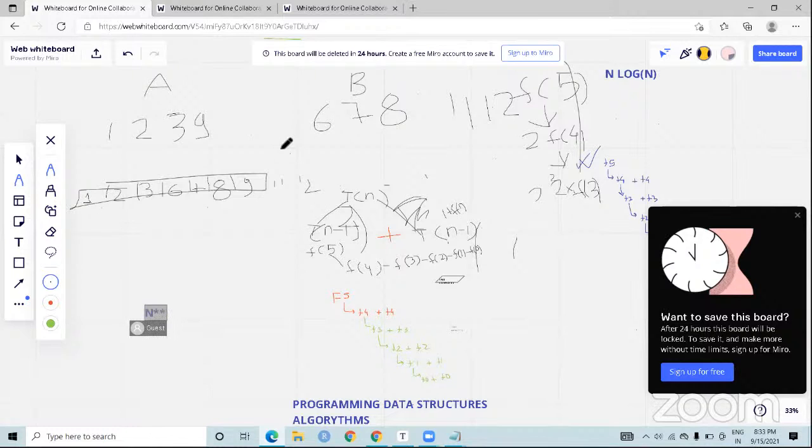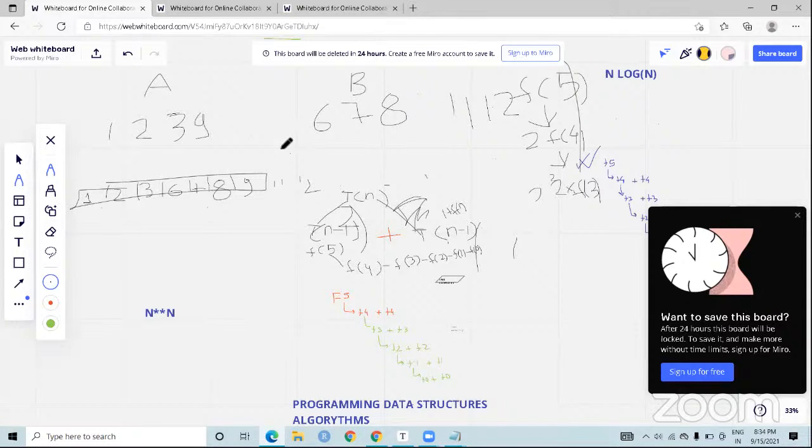Suppose g(n), big O of g(n), and f(n) is any kind of function. So f(n) is equal to big O of g(n) if we can choose some c such that f(n) is less than or equal to c times g(n), for n greater than or equal to some n naught.